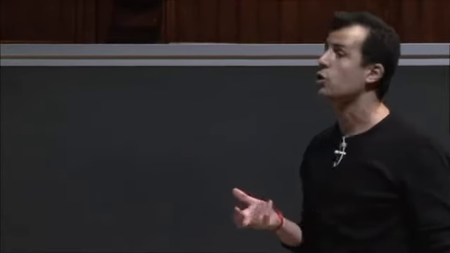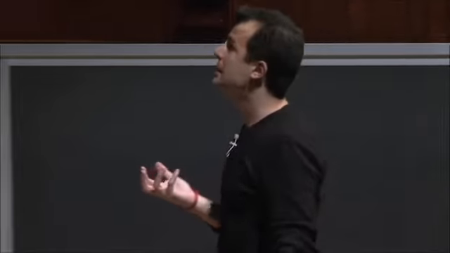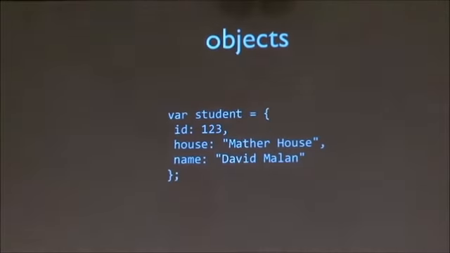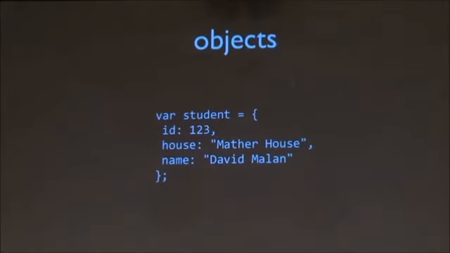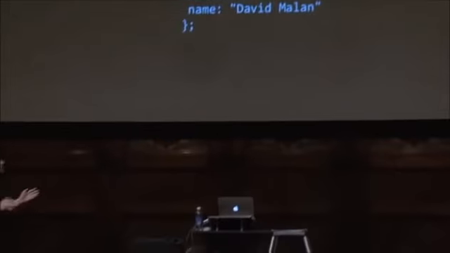But perhaps by far the most powerful or most frequently used feature of JavaScript these days is its notation for objects. So indeed, this technology we'll start talking about today called AJAX has really been popularized through the use of something called JavaScript Object Notation, otherwise known as JSON. And this is simply a syntax whereby you can declare an object with the simplest of characters.